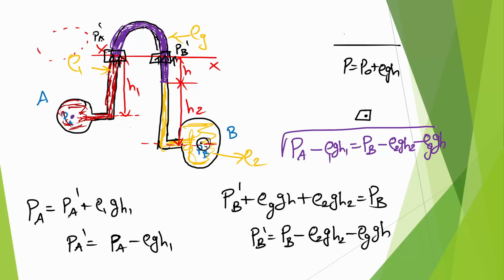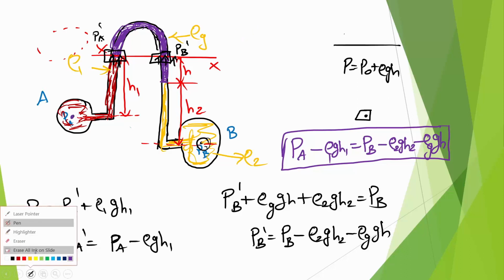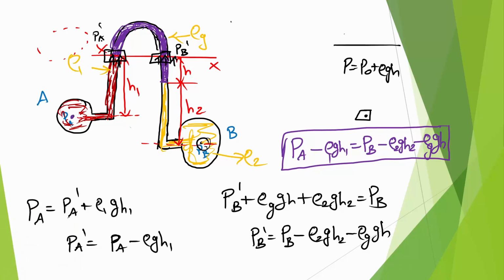This is my formula that I can employ to find the unknown data. For example, they may give you the value of H and ask you to find the pressure difference, or the pressures may be given. Since we are intended to find the pressure difference, you can rearrange this equation to find PA minus PB. So PA minus PB is equal to rho 1 g H1, since I am having PA as positive, my rho 1 will be positive.